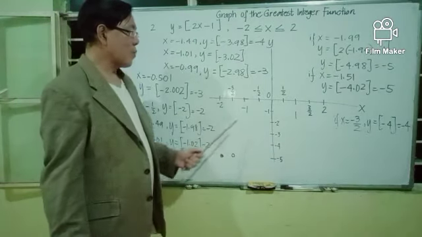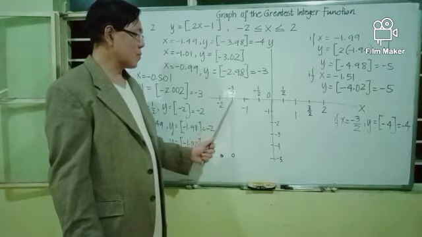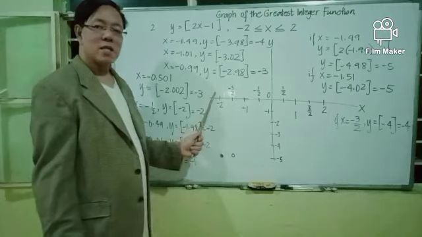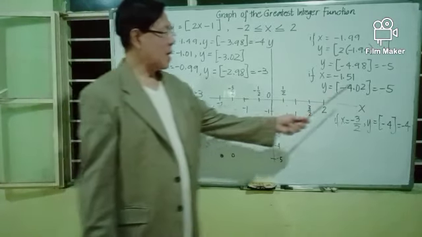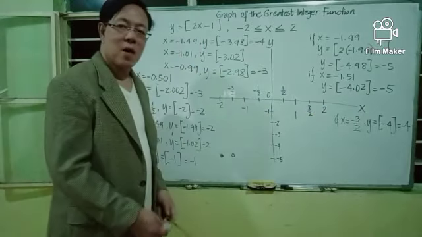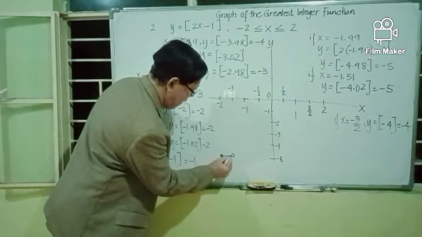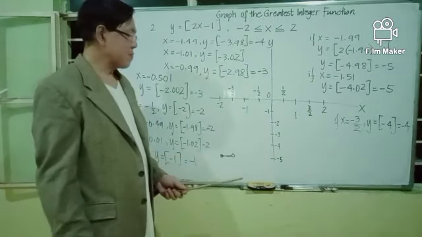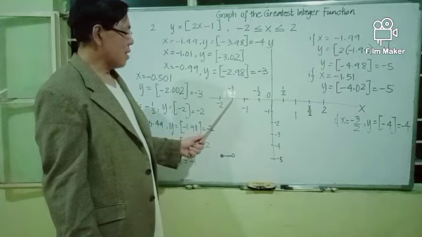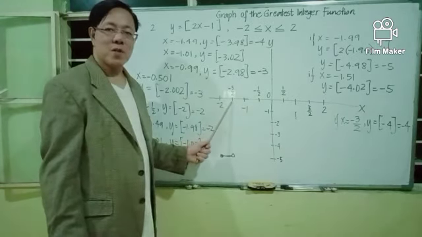But the value of y for values of x greater than negative 2 but less than negative 3 over 2 is negative 5. And the graph is a horizontal line. Now we consider the interval from negative 3 over 2 to negative 1, starting at negative 3 over 2.